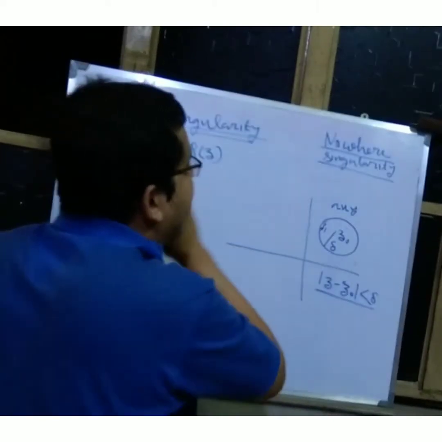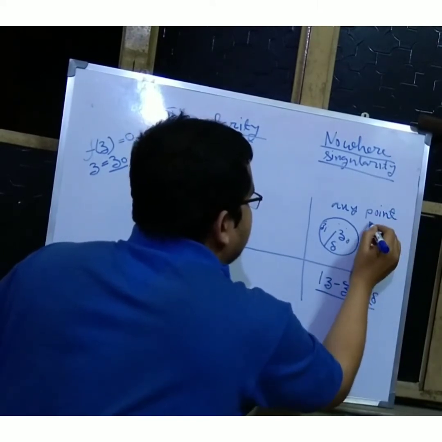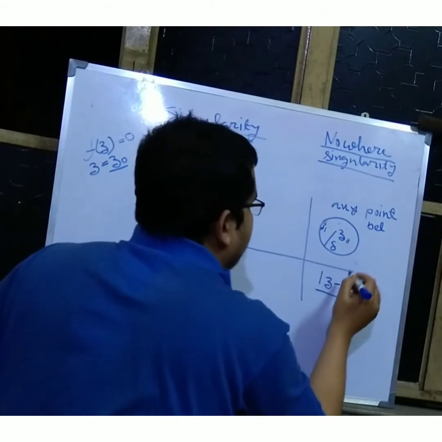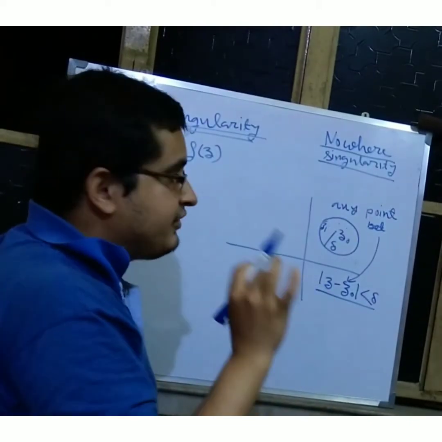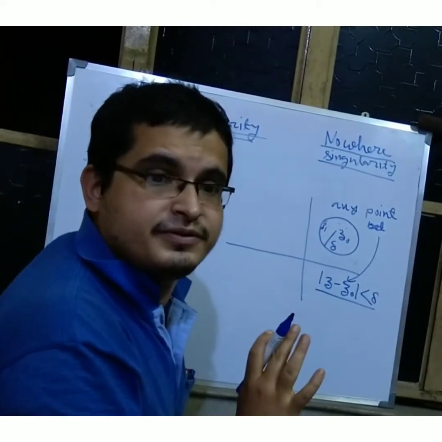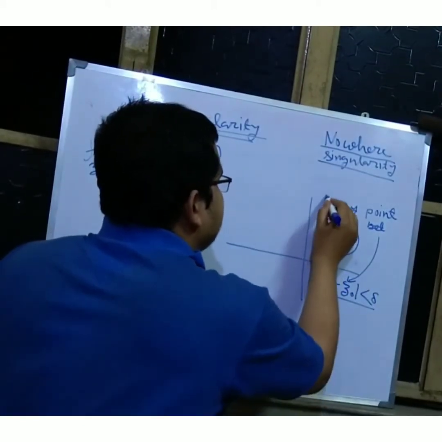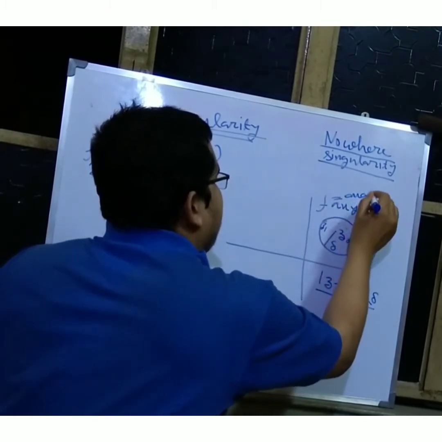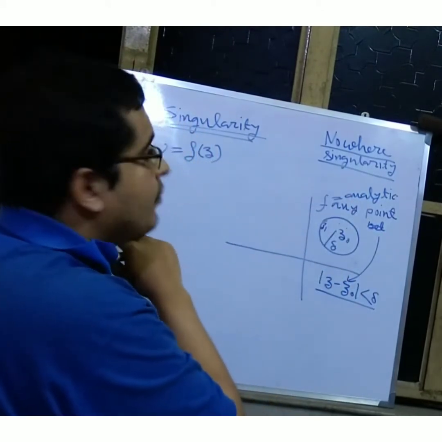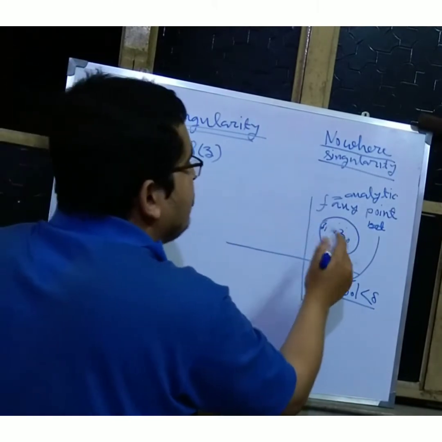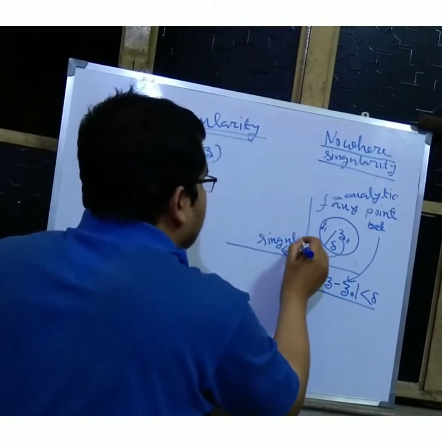where z0 is not included, friends, and f is analytic at every such point, then z0 is a singular point.